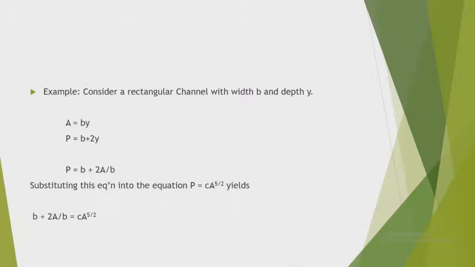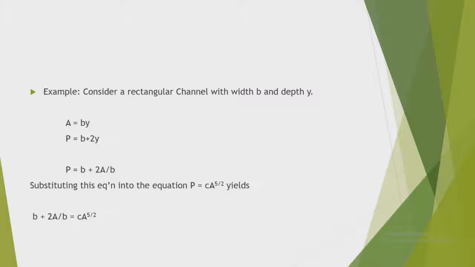As an example, consider a rectangular channel with width b and depth y. The best hydraulic cross-section is obtained by rewriting the previous equation such that area becomes a function of b only. Therefore, we express P in terms of A and b, using A equals b times y and P equals b plus 2y.